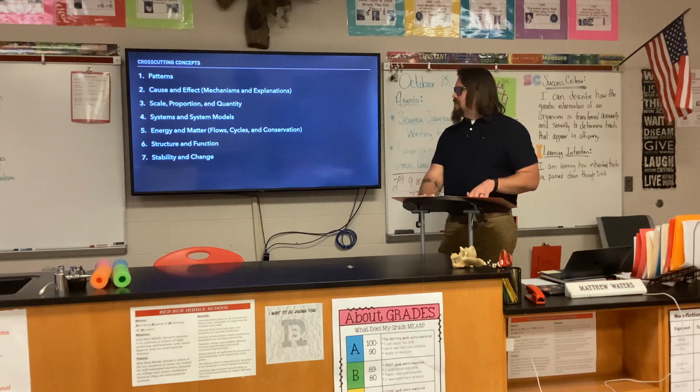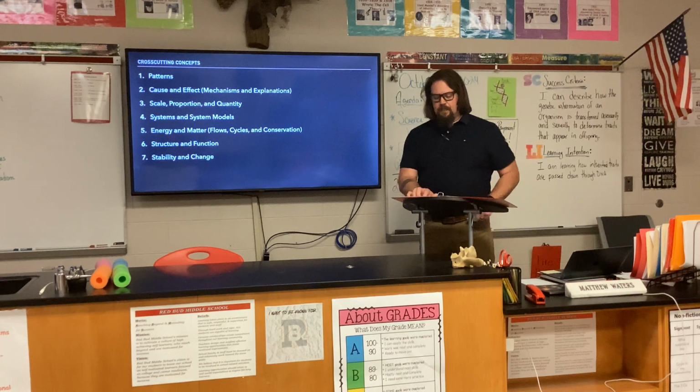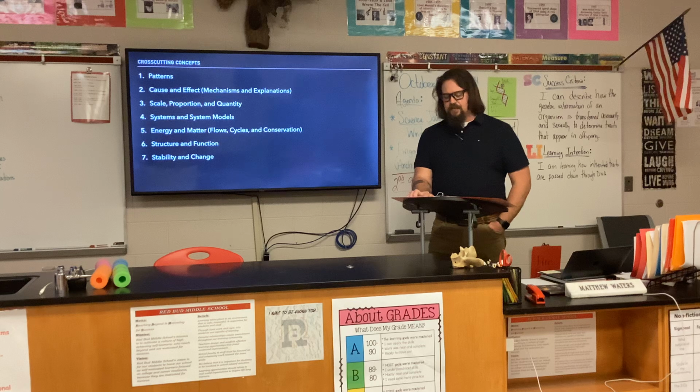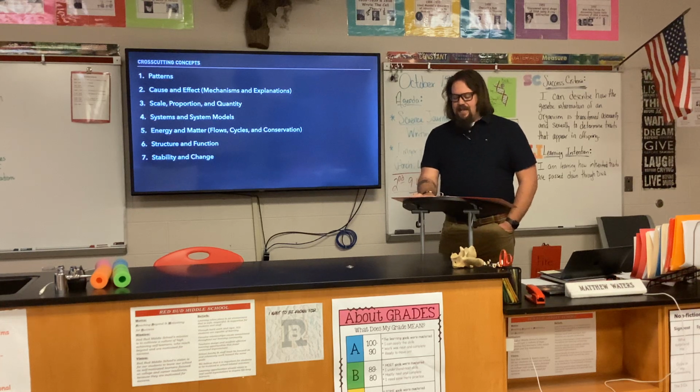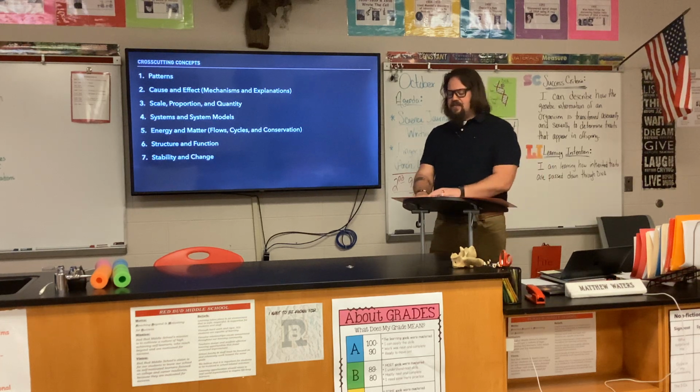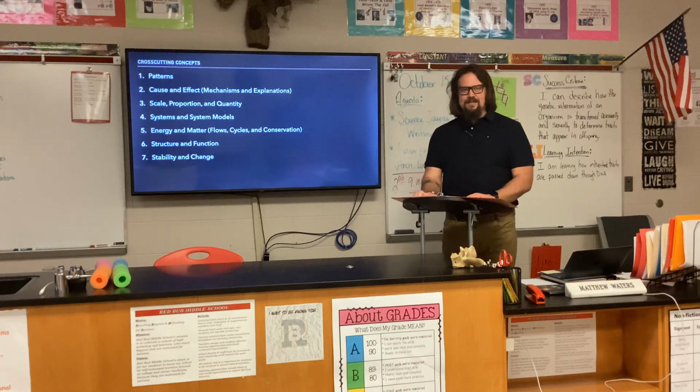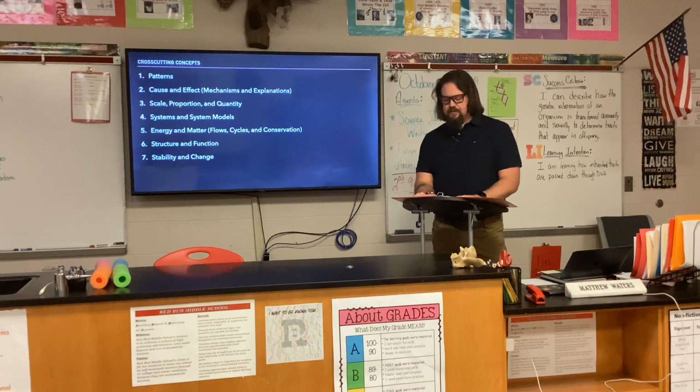Number 4 is systems and system models, and it's explained by defining a system under study, specifying its boundaries, and making explicit a model of that system. This provides tools for understanding and testing ideas that are applicable throughout science and engineering. And this is actually the cross-cutting concept that I'll be talking about and connecting to my lesson example in a few minutes. So we'll be talking about that more.